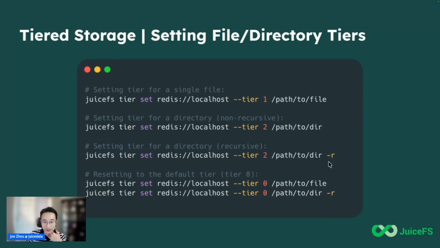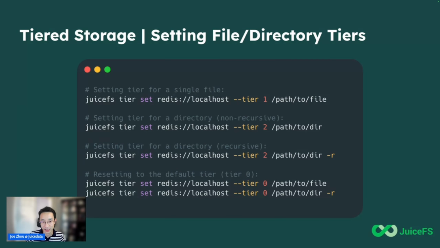And we also have the -r option, which processes recursively everything under this directory, with all the subdirectories and files. And this is quite similar: we just set the tier back to the default, either for a file or for a directory recursively. All right, so that's the basics.